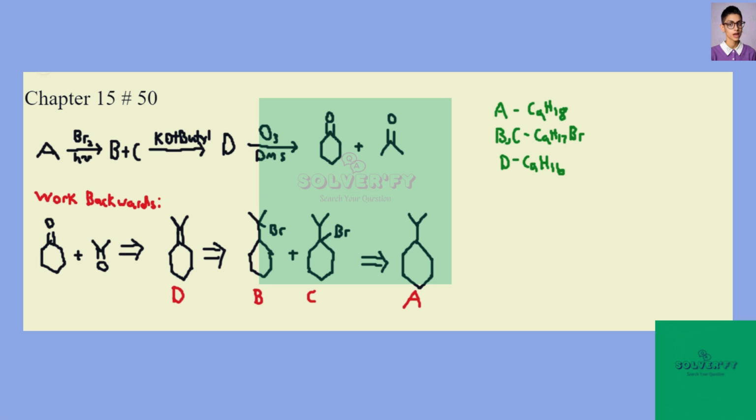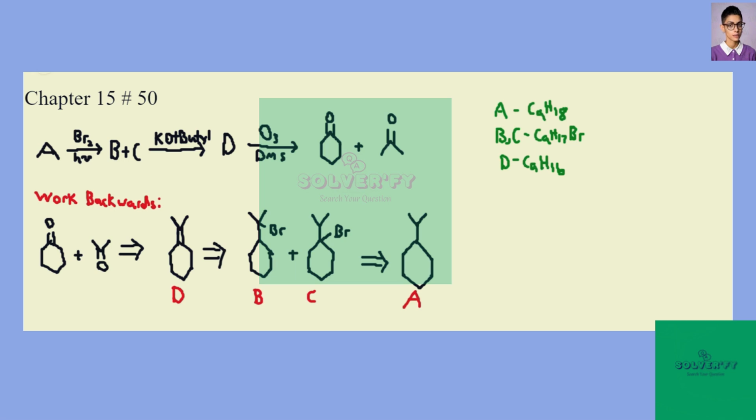So remember, it's going to be 2 times the number of carbons plus 2 minus the number of hydrogens, all of that over 2. And so for A here, it's going to be 20 minus 18 over 2, or 2 over 2, or 1. And obviously, we have a ring present, and so that ring is going to account for that 1.